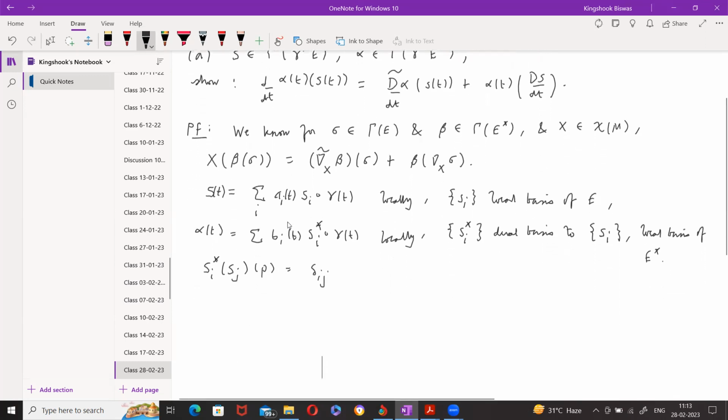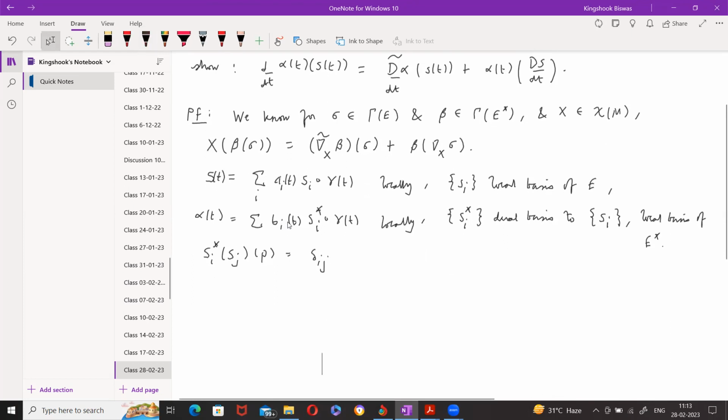So if X is a vector field, then X of this, S_i star of S_j.